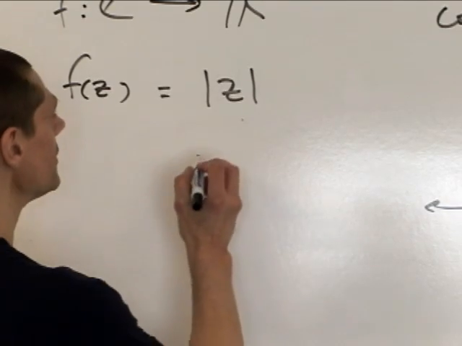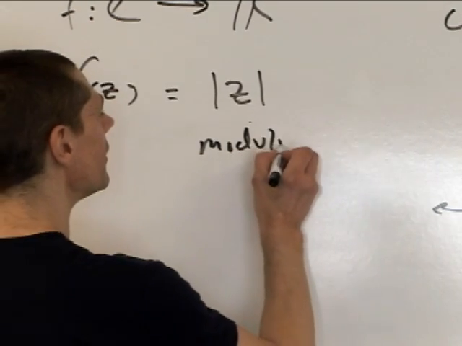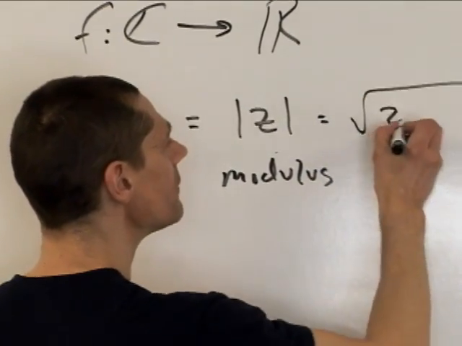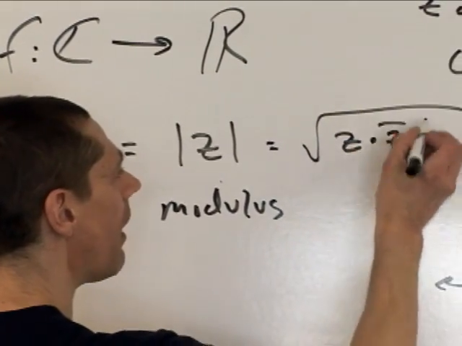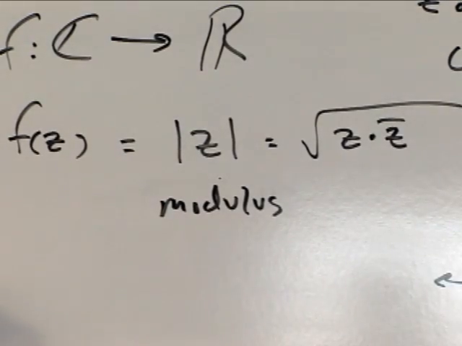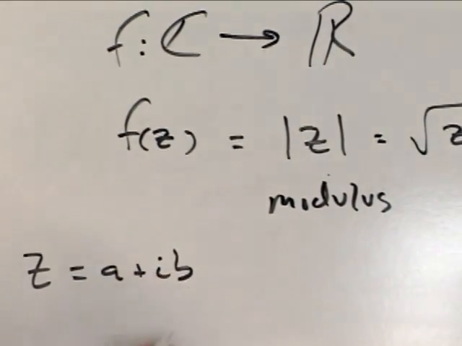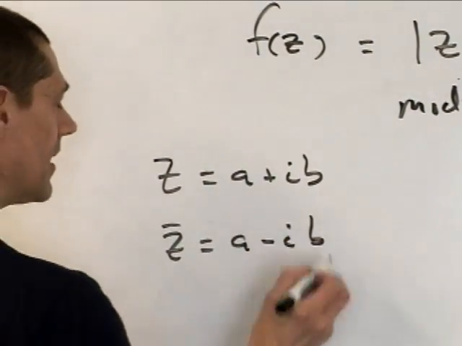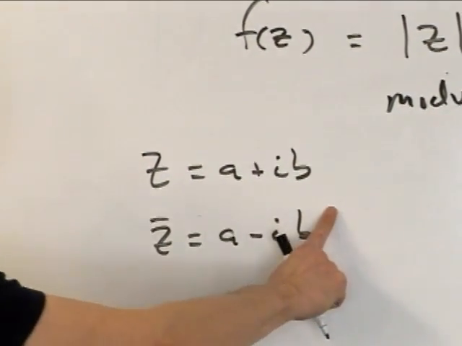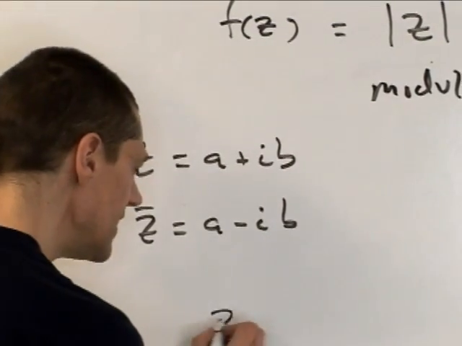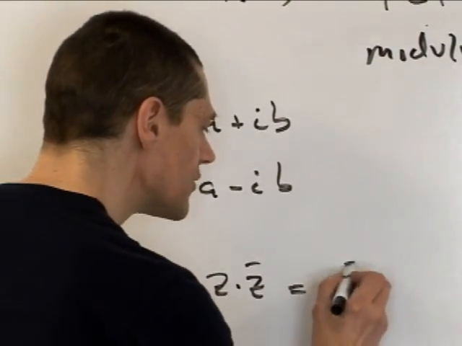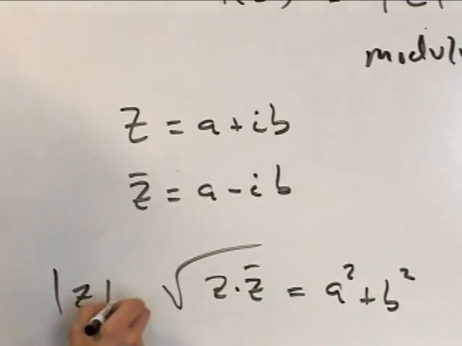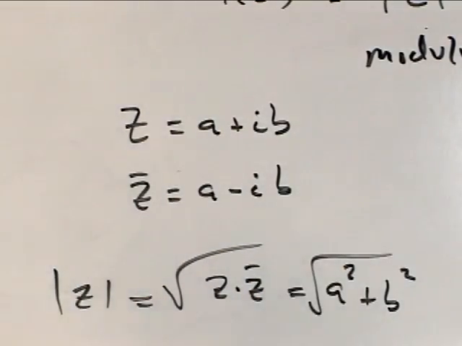This is the modulus, and it is given by the square root of z times z bar, where if z is a plus ib, z bar, the complex conjugate, is a minus ib. If we multiply these together, we FOIL these out, and we end up with z times z bar equal to a squared plus b squared. And so the modulus of z is equal to the square root of a squared plus b squared.